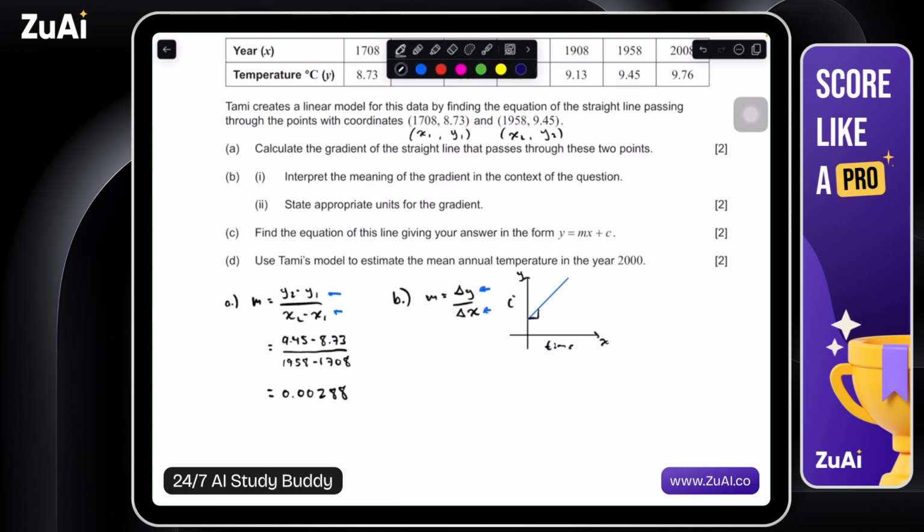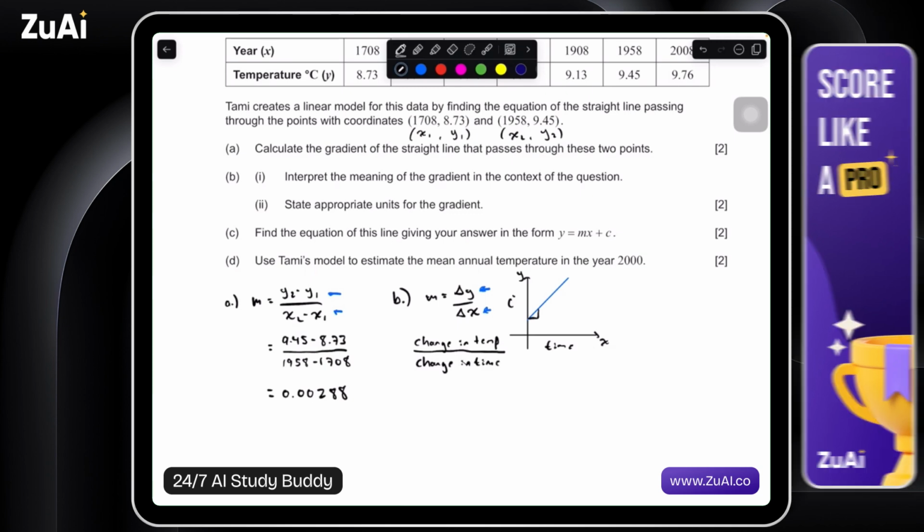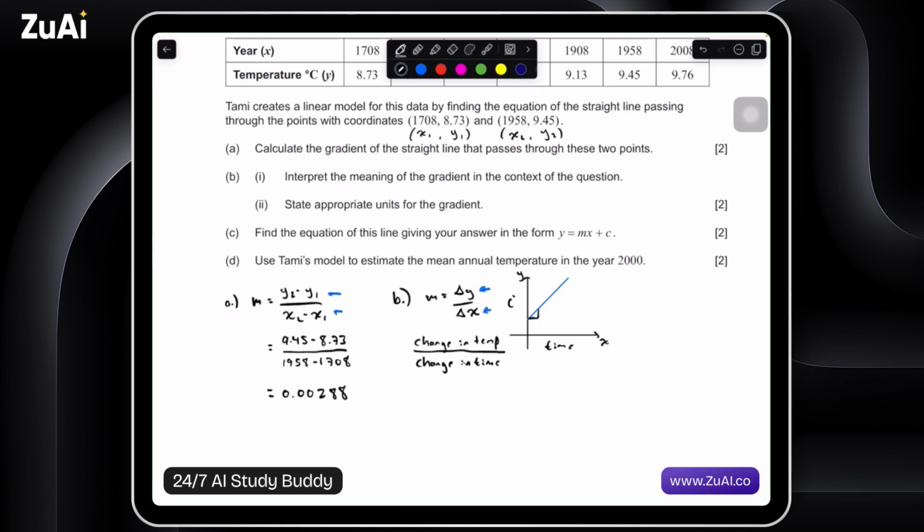So what we have is change in temperature over change in time, or just in more plain language, change in temperature per unit time. So this would be change in degrees Celsius per year.